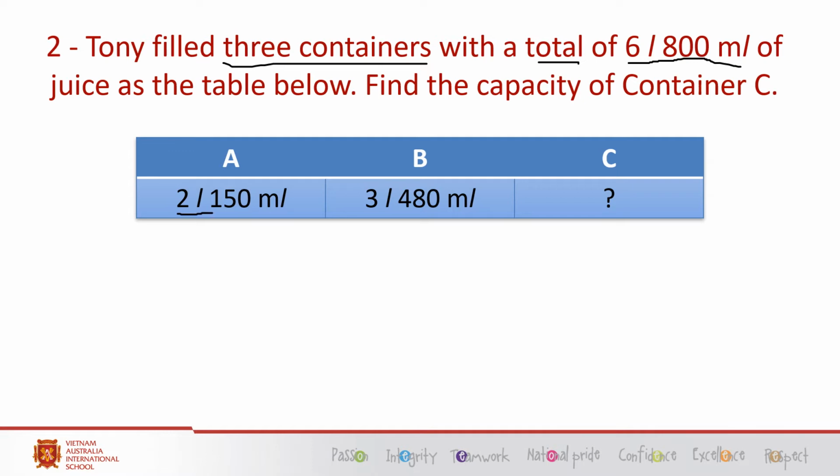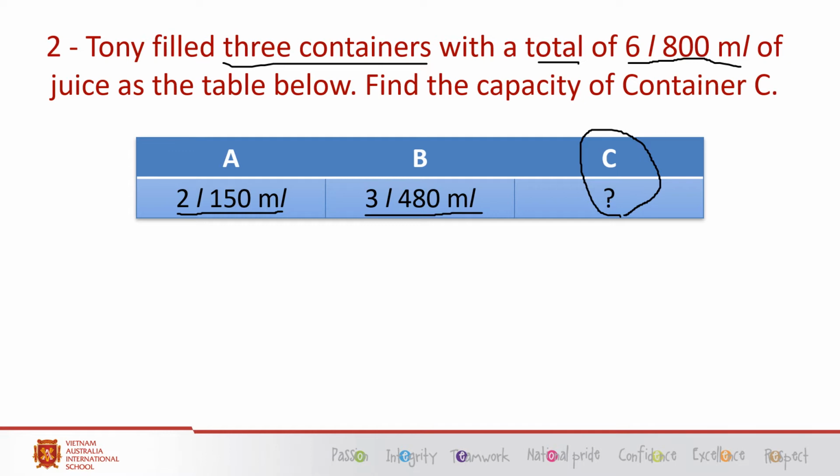The capacity of container A is given, 2 liters 150 milliliters, and the capacity of container B is also given. Question: find the capacity of container C. Now pause this video and write the answers down on your piece of paper. Off you go. Have you got the answer?